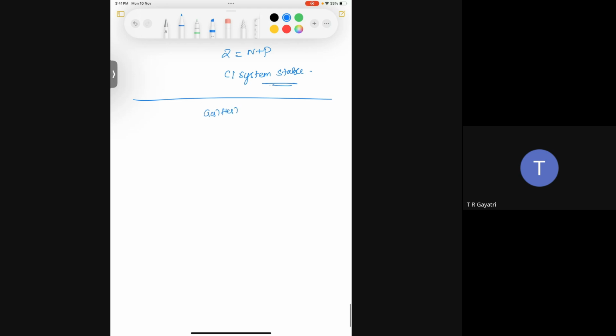G of s H of s equals s plus 2 by s square minus 1. Can you try solving it? I will solve it with you.